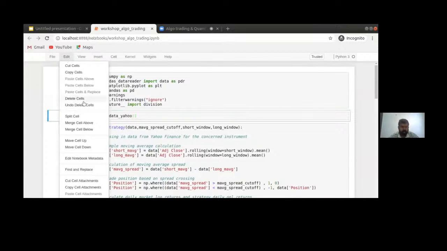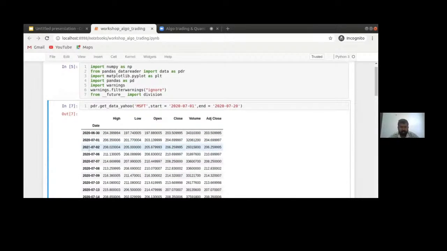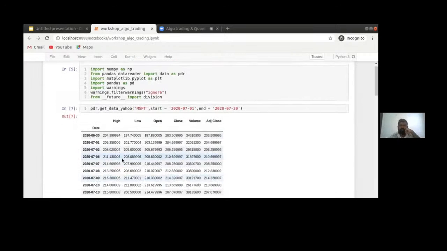The data we got was daily data. Minute by minute data is usually not available for free. There may be some sources that give it for a limited period of time, but usually it has to be bought if you want it for a longer period.